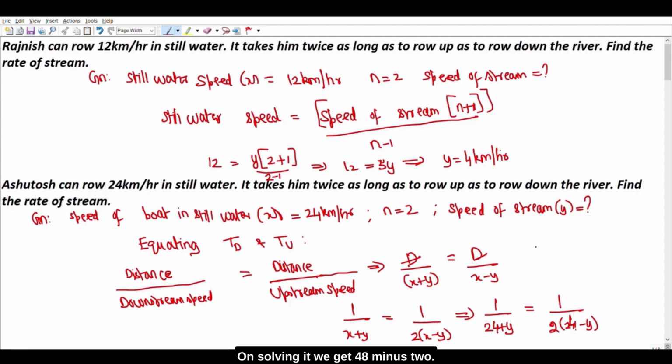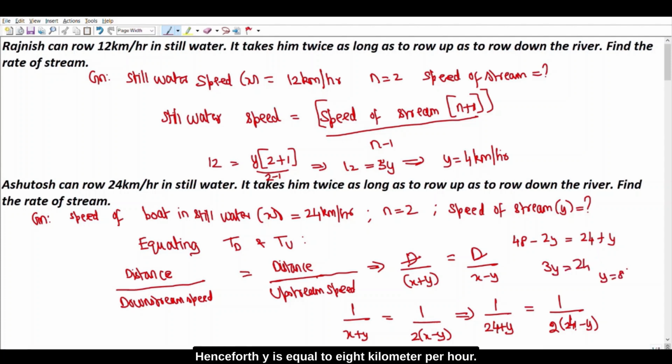On solving it, we get 48 minus 2y is equal to 24 plus y. That is, 3y becomes equal to 24. Henceforth, y is equal to 8 km per hour.